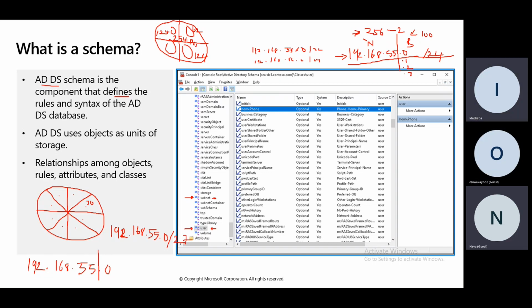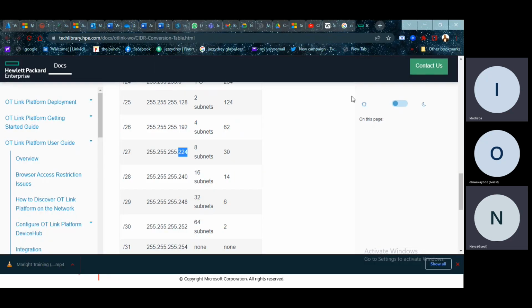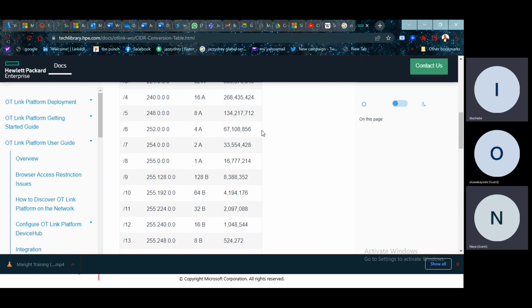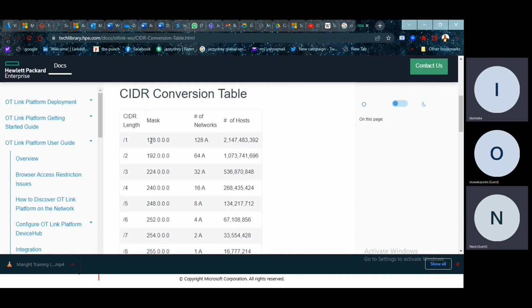Now you have a company, Naya Industries, which we have been using as our case study, with 100 staff. Do you now need to deploy an IP address that will give you this number of computers? No, because it's too much.